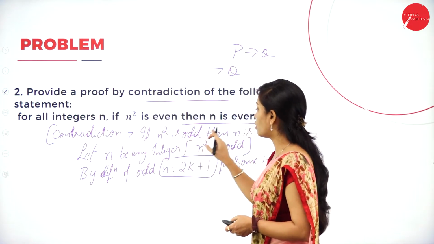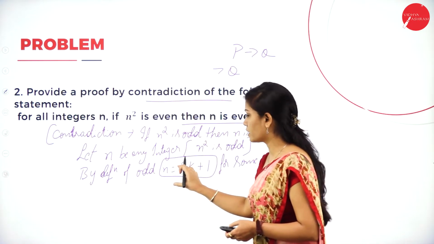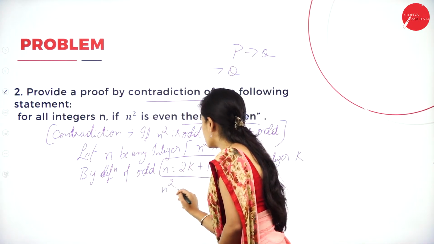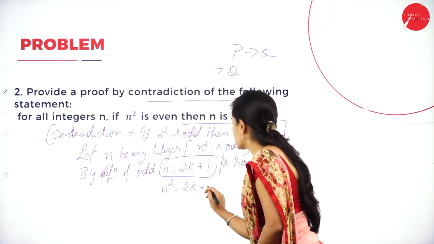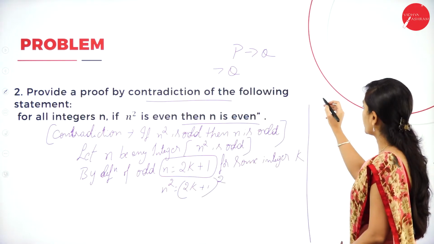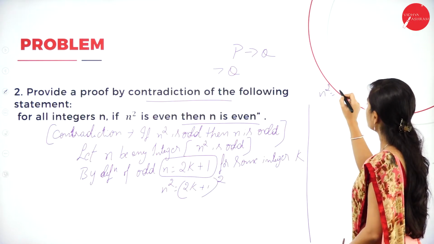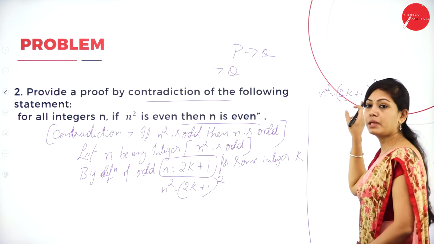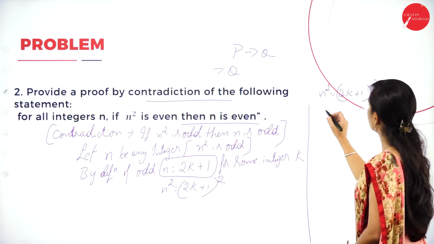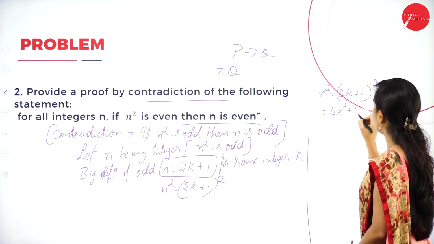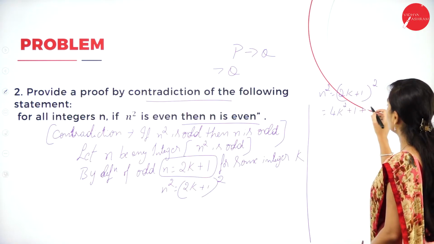If n square is odd, then n is odd. So now I have considered n is odd. So now n square is equal to (2k plus 1) whole square. Clear? So what is (2k plus 1) whole square? This is in the form of the (a plus b) whole square formula, right? So a square plus b square plus 2ab.